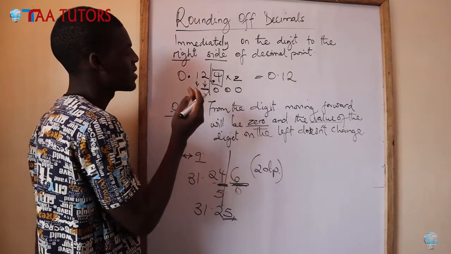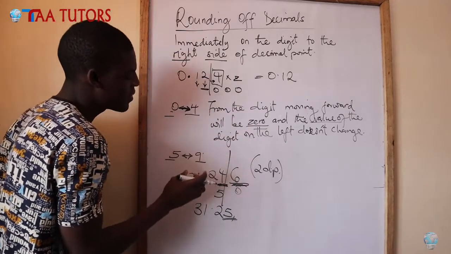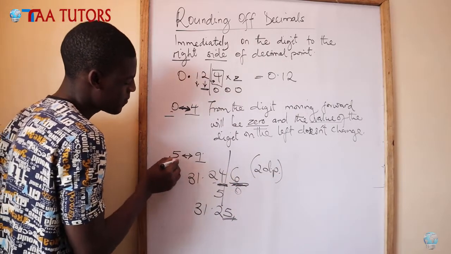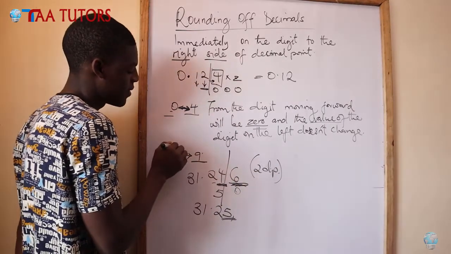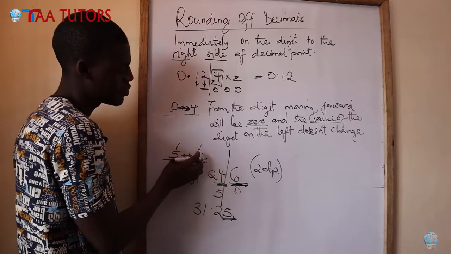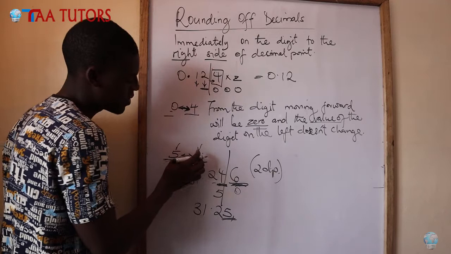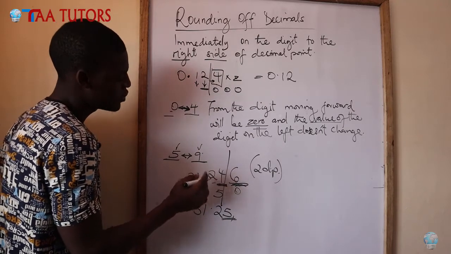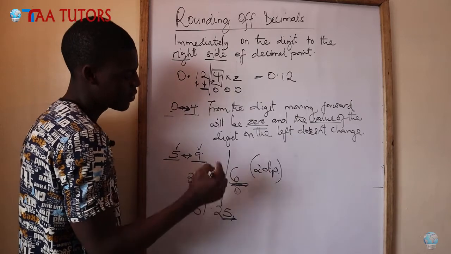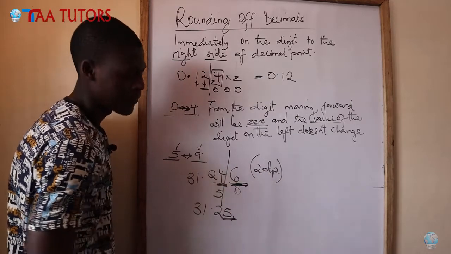It remains the number it was. But when the digit falls between 5 and 9, 5 and 9 included, be sure to increase the previous digit by 1.